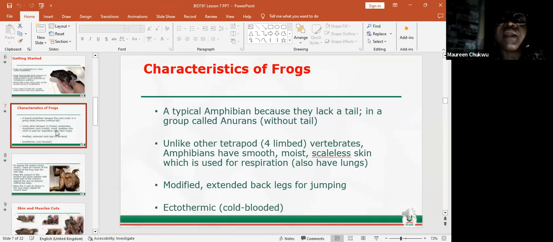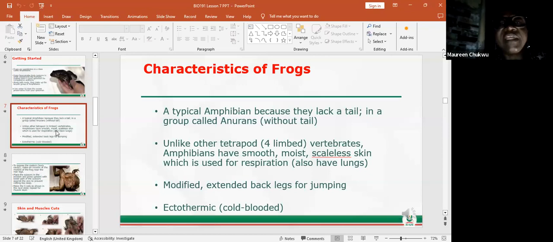They are typical amphibians because they lack a tail, and they belong to a group called anurans, that is, animals without tails. Unlike other tetrapods that fall in vertebrates, amphibians have smooth, moist, scaleless skin, which is used for respiration. They also have lungs.